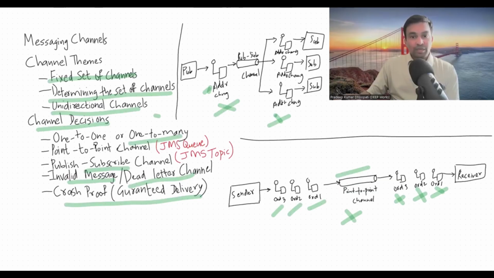And if, based on business criticality, you think we need to get back all those messages which were present before the downtime or crash, then you have to opt for guaranteed delivery, which is a mechanism where the messaging system persists all the messages to a physical disk before delivering to the receiver, and the receiver acknowledges that the message is received.